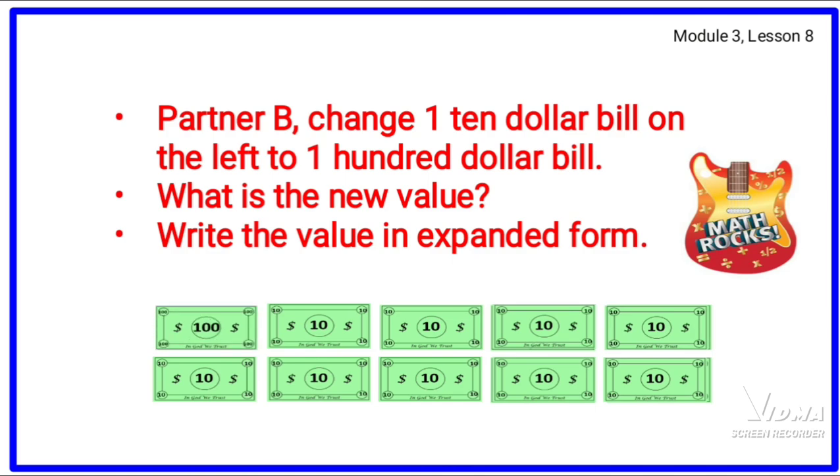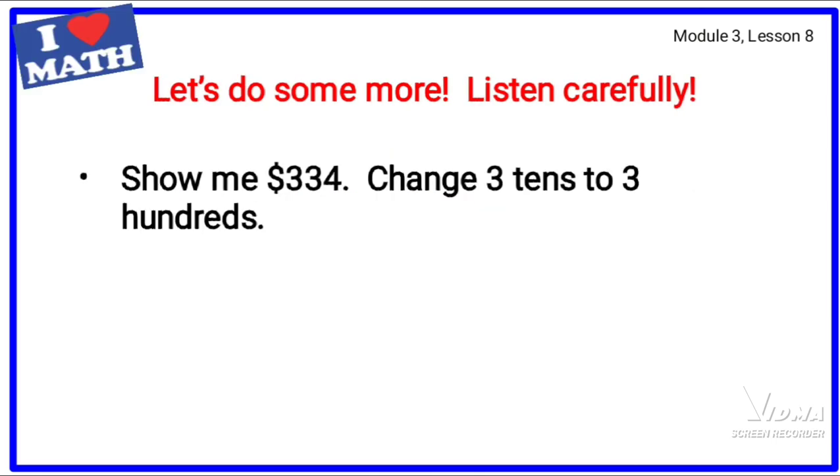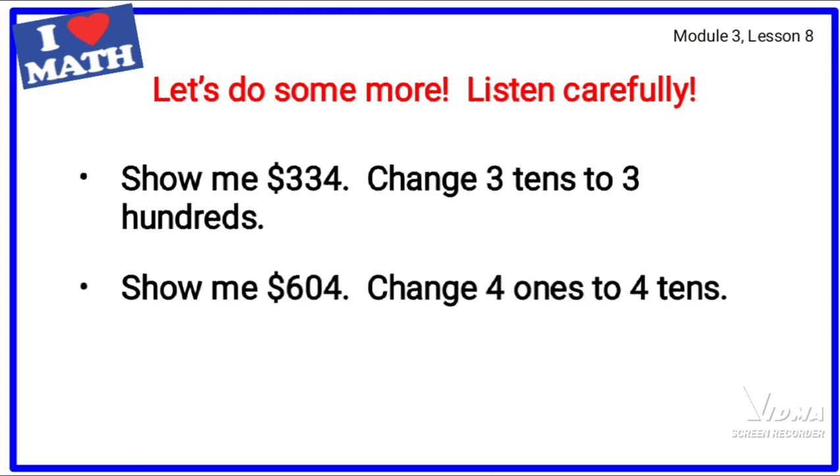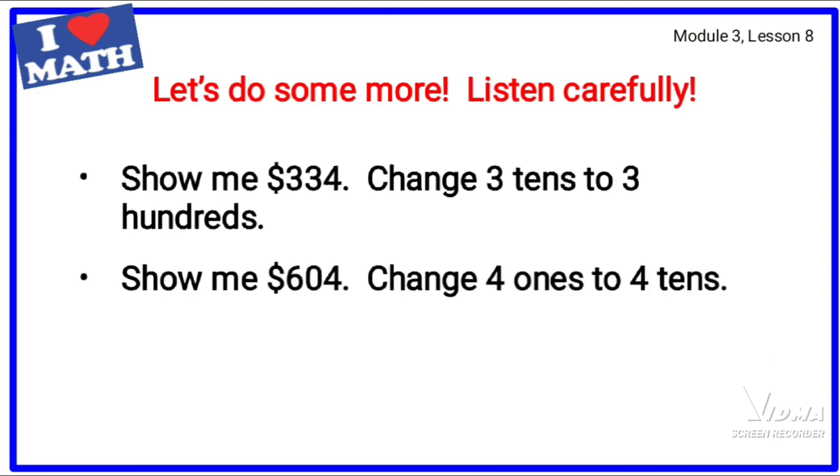What if I add a $100 bill and the other nine $10 bills? What will be the total value? Can you still write it in expanded form? Yeah, work with your partner and share with your partner what you have. Okay?